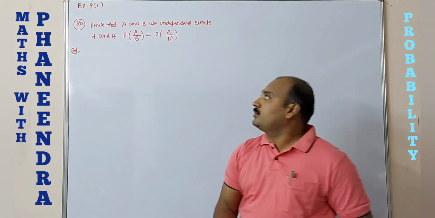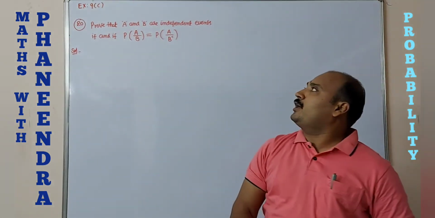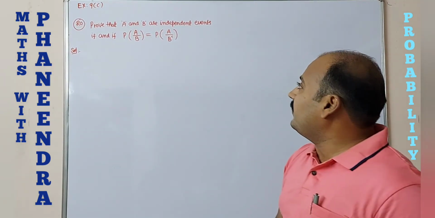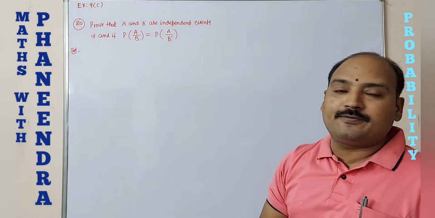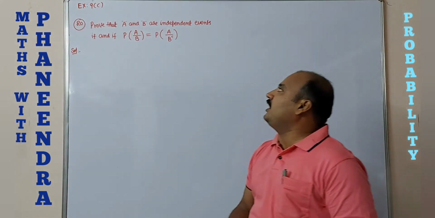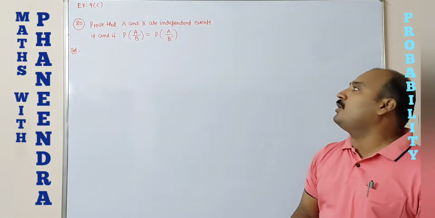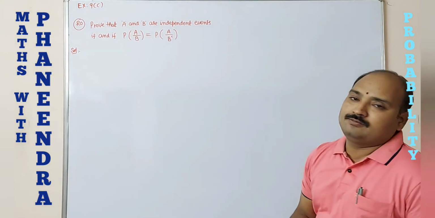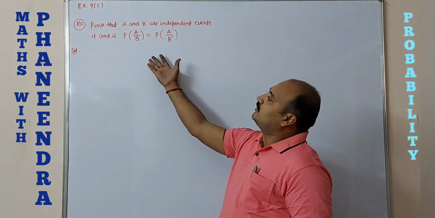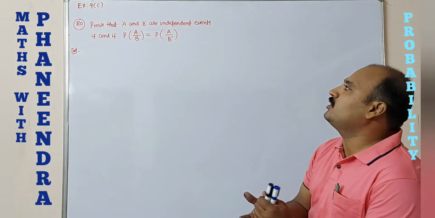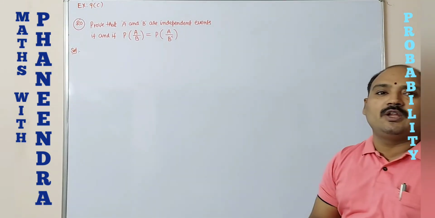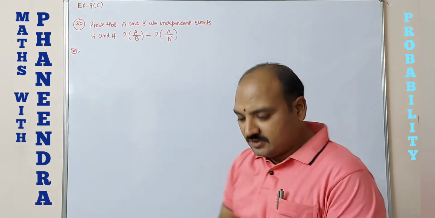The next question. Prove that A and B are independent events if and only if P of A given B is equal to P of A given B complement. So first we will take this given condition and we are going to prove that the events are independent events.